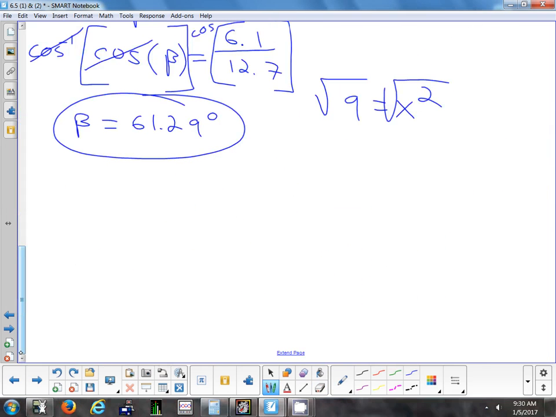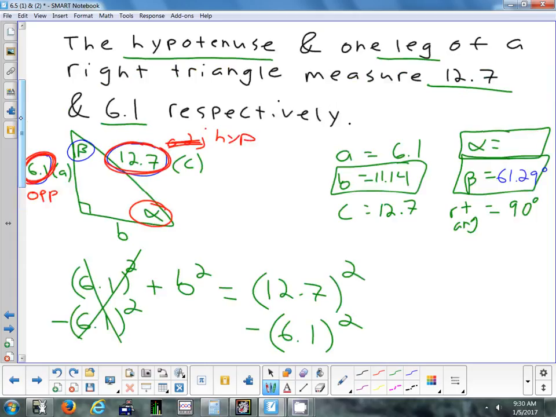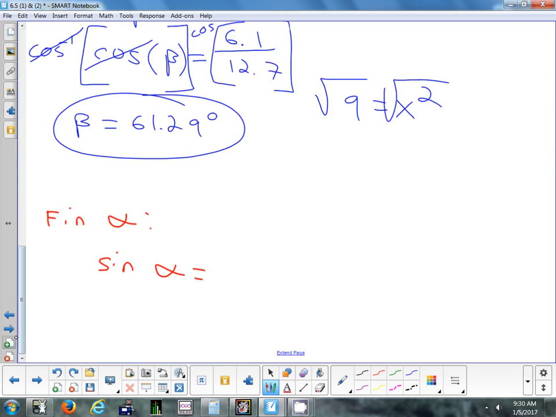Now we'll find alpha. The sine of this angle is opposite over hypotenuse, 6.1 over 12.7. And what am I going to do to each side to get rid of sine? Not plug in, take.